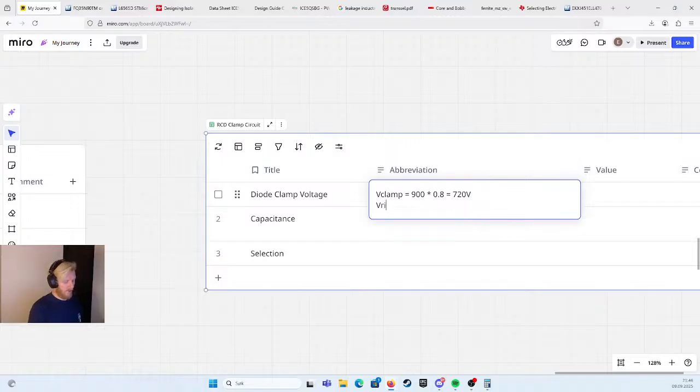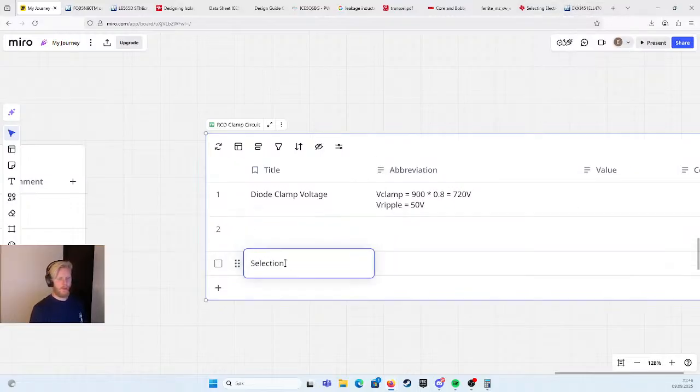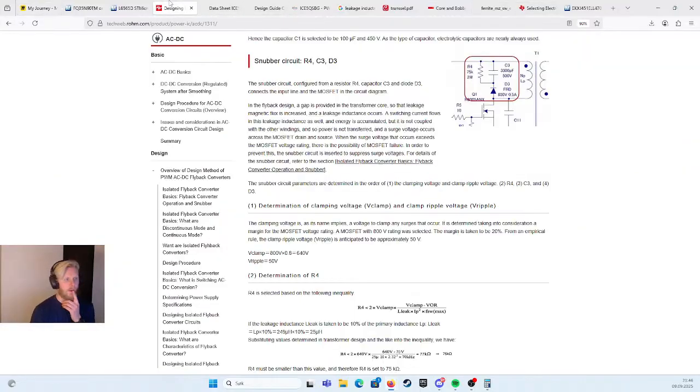And the V ripple was just assumed to be 50 volts. I think that was everything with the diode.